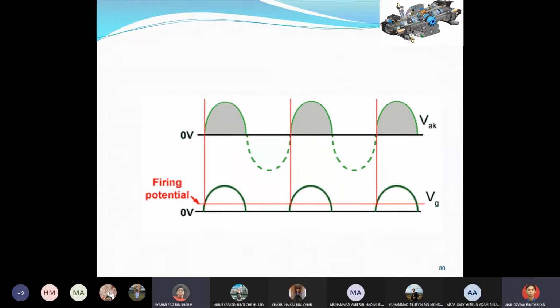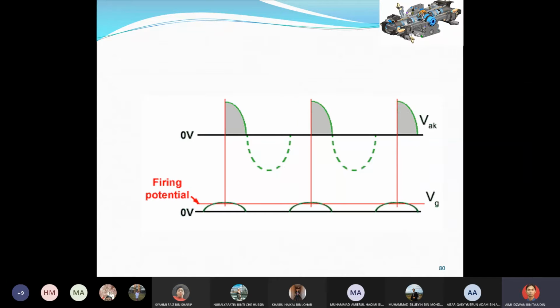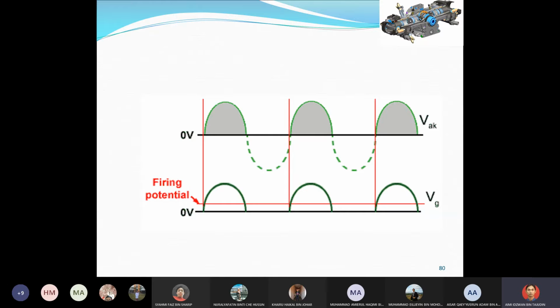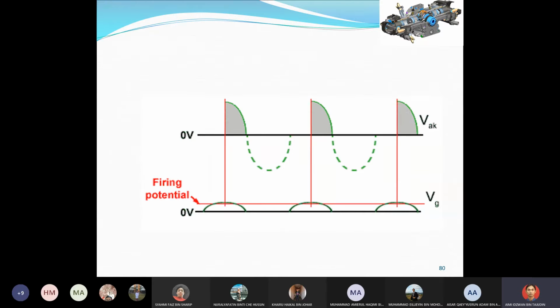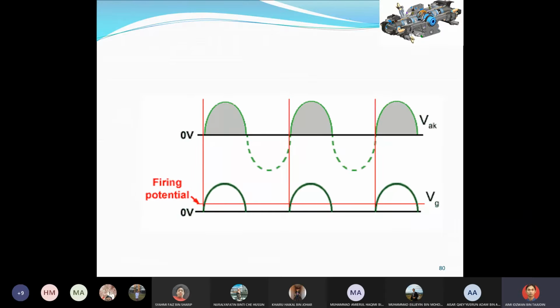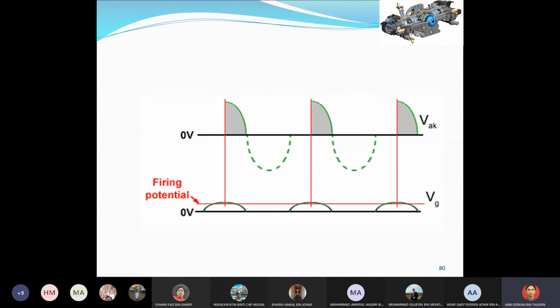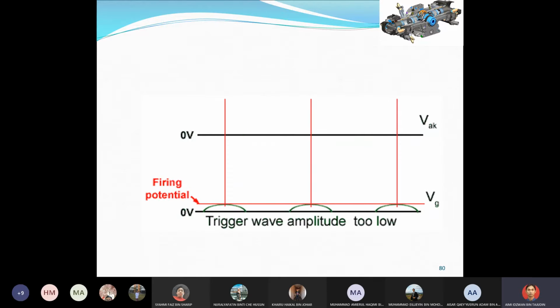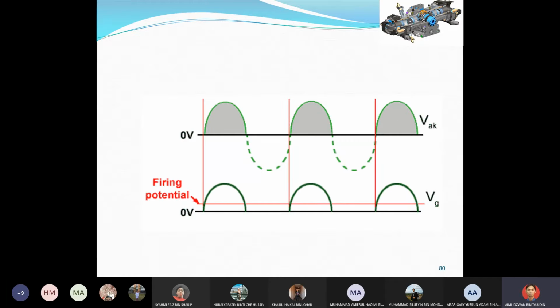Tak faham apa-apa. Okay, so kalau kita tengok, we need to know the potential. Okay, dalam kes ni dia cuba tunjukkan firing potential. So there is something kita panggil sebagai minimum value. Okay, so bila kita nak trigger the switching, kita kena make sure that it is at least at the minimum value of the firing potential.